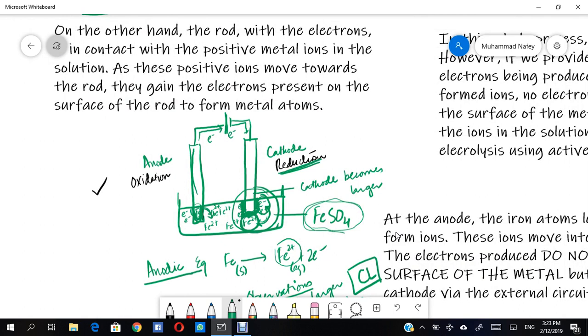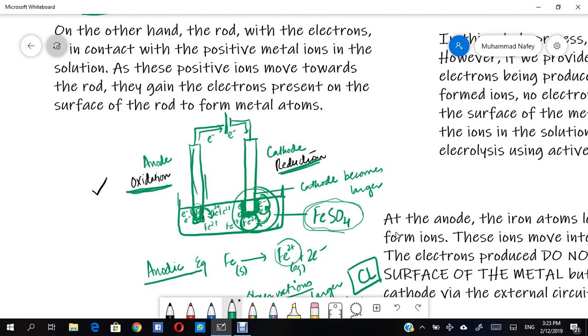Now let's see what happens. At the anode, which is the electrode at which oxidation takes place, the iron atoms that made the electrode lost electrons. Iron in the rod formed iron ions, and those iron ions moved into the solution. Now, the electrons produced have an outlet.